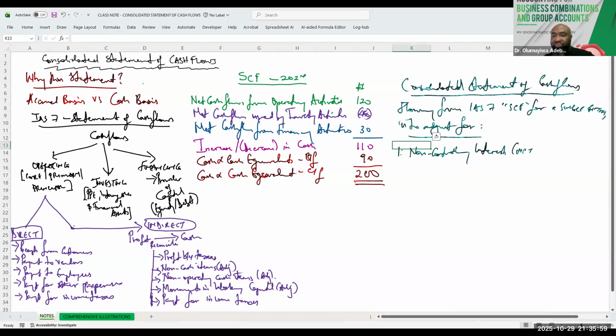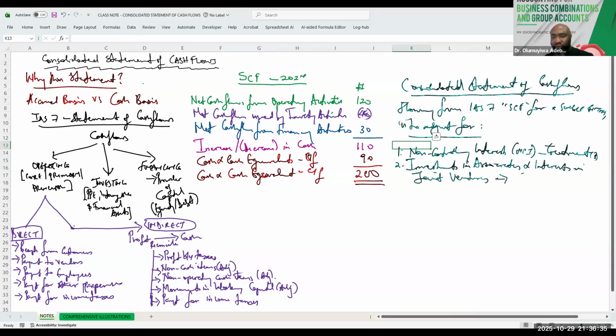How do we treat NCI within the group account? The second one borders on, peradventure we have investments in associates and or interest in joint ventures.